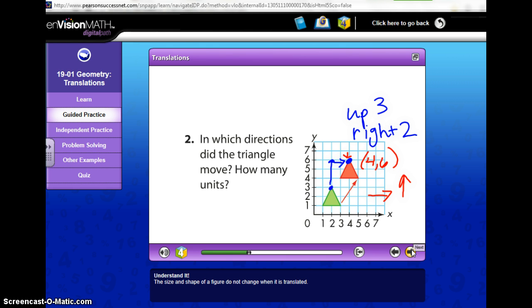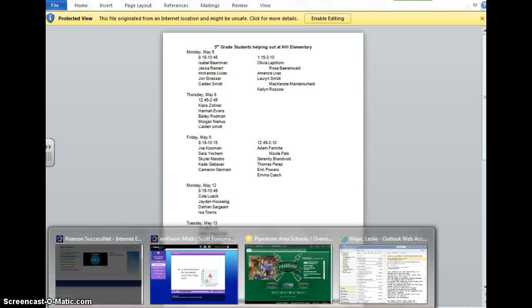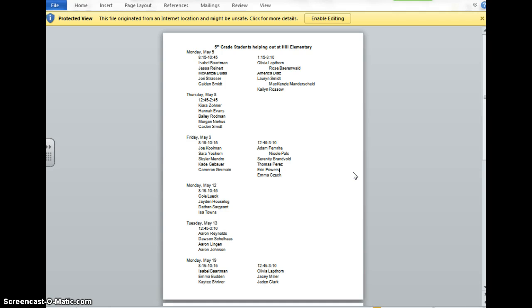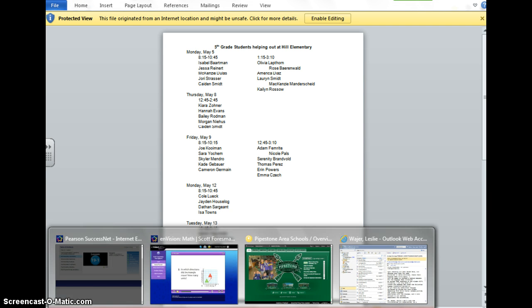Now today as we practice, we're about to practice on a 4-quadrant grid. So that means we might go to the right or to the left. We might go up or down. Okay? So now it's time for you guys to open up your Schoology page. I need to have a second here to find mine.